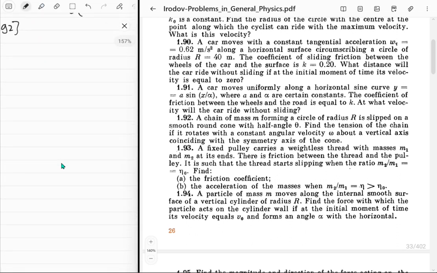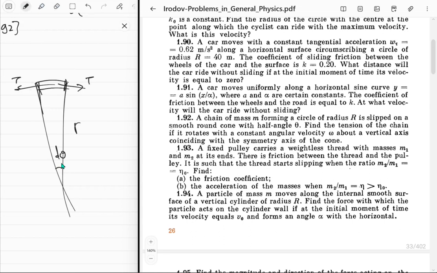So first of all, what will our element look like? It will be a very small arc. Maybe the angle subtended is d theta, and the radius is r, so the length is r d theta. Tension T is pulling it in these directions.